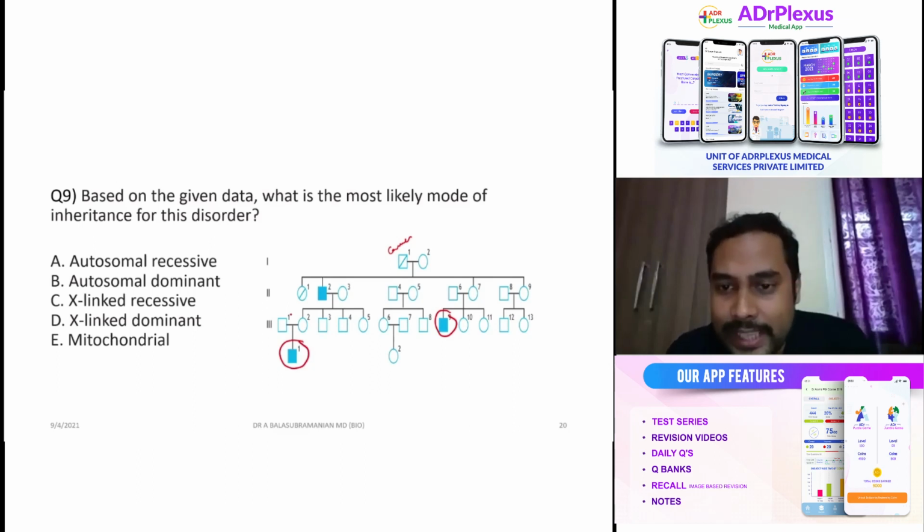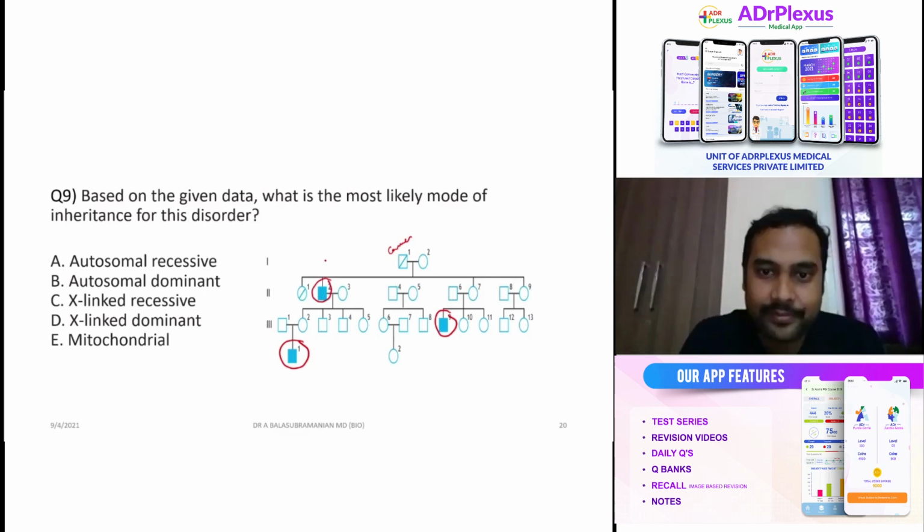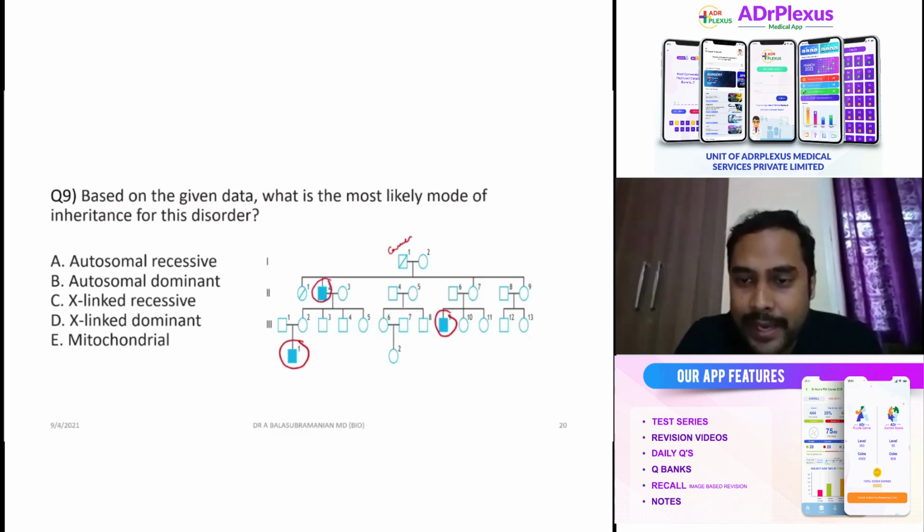Okay. By looking at their parents itself, I can tell. See, this child's parents, both of them are normal, but the child is diseased. This child's parents, both of them are normal, child is diseased. This child's parents, one is carrier, one is normal. That's okay, but a carrier is considered as a normal person. So both the parents are normal, child is diseased.